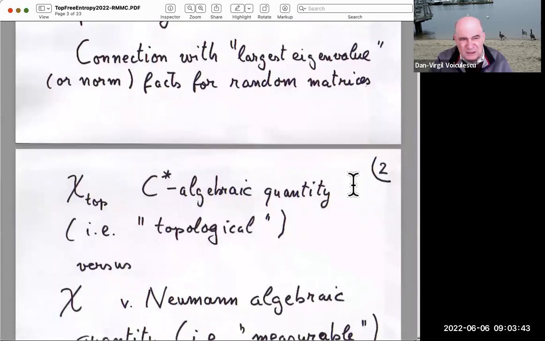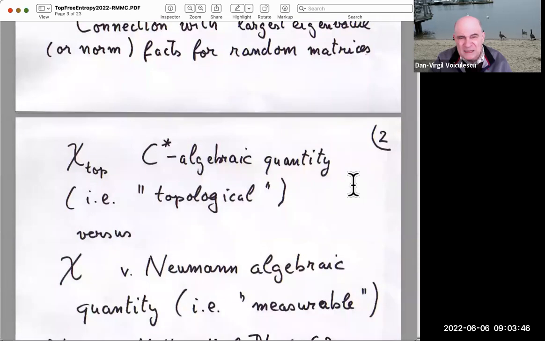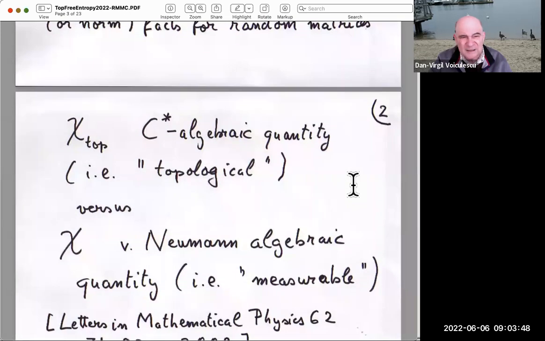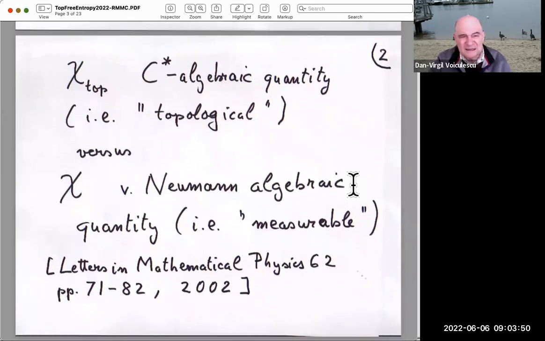And the topological free entropy, topological means that it's C-star algebraic. The von Neumann algebras are the non-commutative measure spaces, and the C-star algebras are the non-commutative topological spaces, if you want. So that's the reason why it's called topological free entropy.